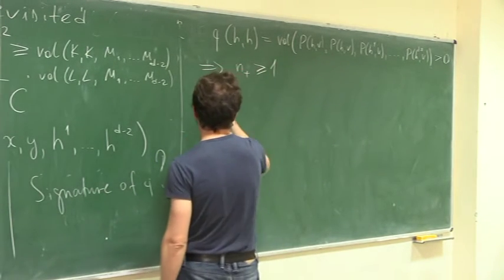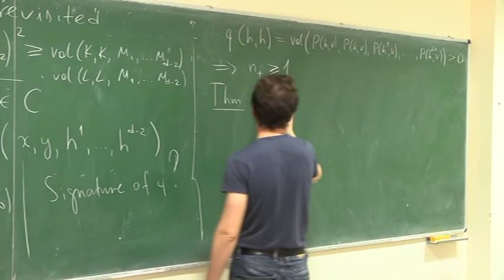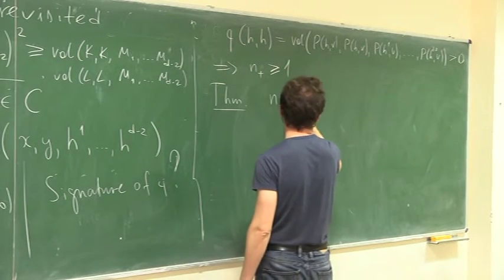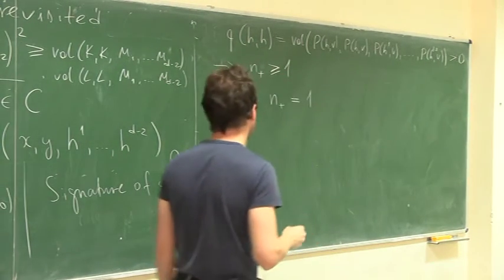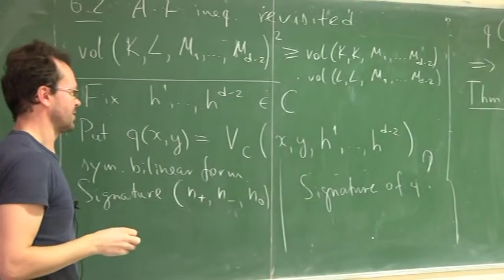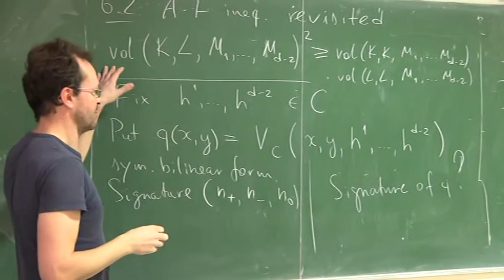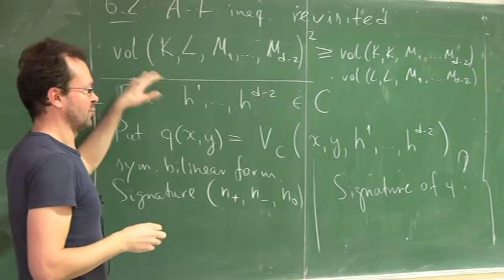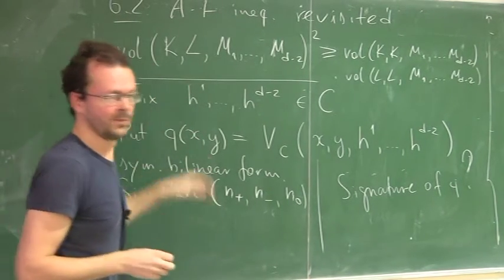I state now the theorem that n plus is exactly equal to 1. And this theorem is in fact difficult because it is exactly as difficult as the Alexander-Fenchel inequality. I will show that it is in fact the same.